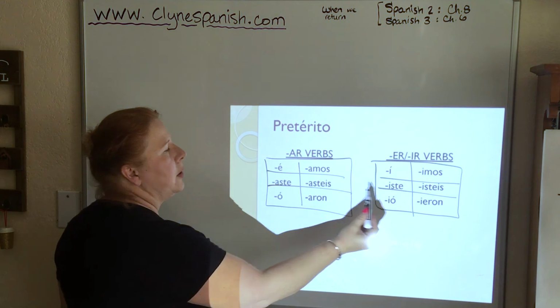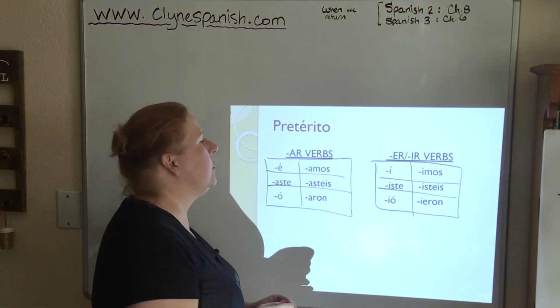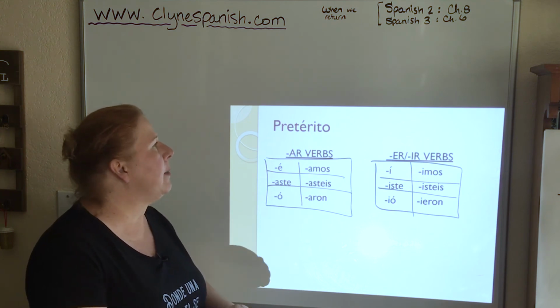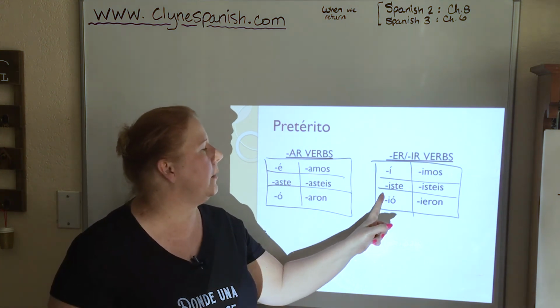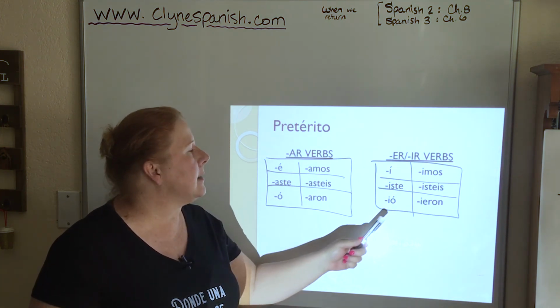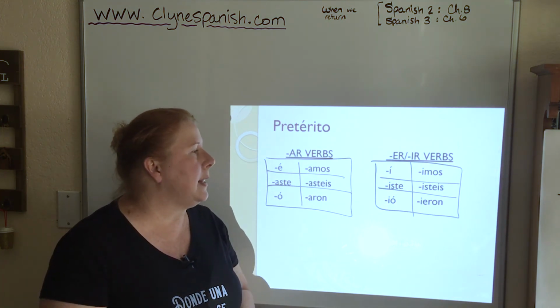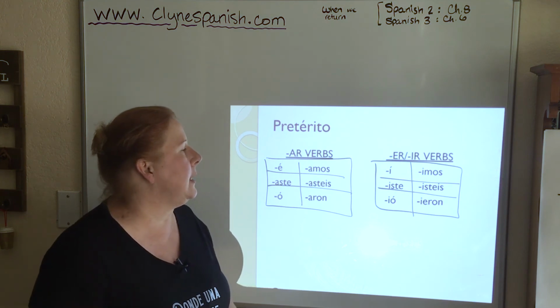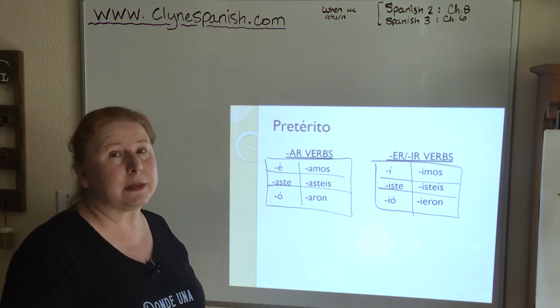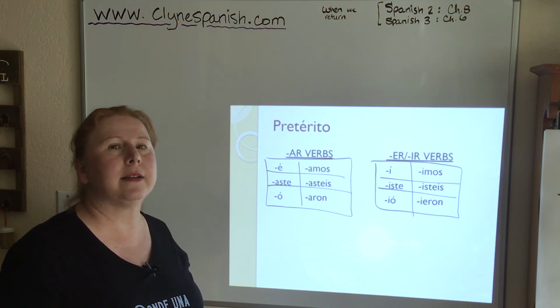Since we don't have to worry about the vosotros, you don't have to be so focused on that. But keep that in mind, and remember the trap in the regular preterite here is the él, ella, usted form has the accent on the O, not the I. So be careful with those end of year projects. That is a pitfall spot where you could lose some points on that project.